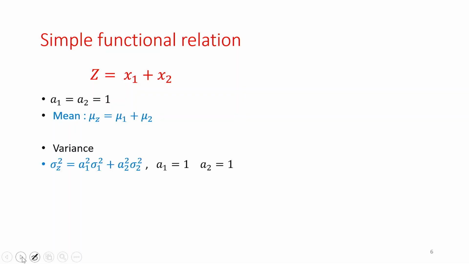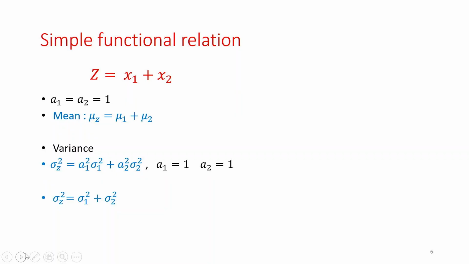And the variance is going to be, if you look back at the previous formula, sigma square z in this case is going to be a1 square sigma 1 square plus a2 square sigma 2 square. Because a1 and a2 are both 1 in this case, sigma square z is going to be sigma 1 square plus sigma 2 square. So the variance of z is equal to the variance of the variable x1 plus the variance of variable x2.